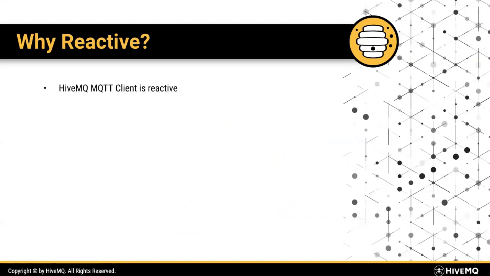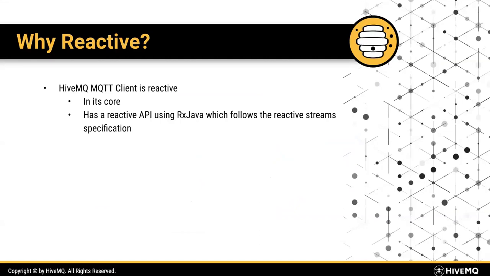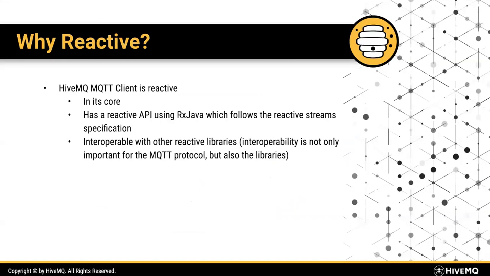The HiveMQ MQTT client is reactive. In its inner architecture it is reactive, but it also exposes a reactive API. This reactive API can be used on mobile, on Android, as well as in backends. A key part of MQTT is that it is interoperable with all clients.